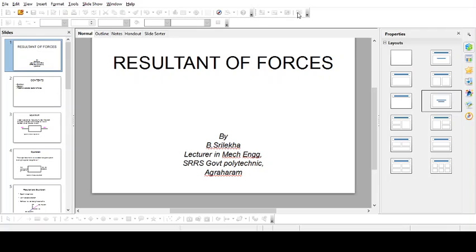Next, if the force is acting southeast, then you have to take exactly 45 degrees in between east and south. Now your theta will be, so complete 360 minus 45.